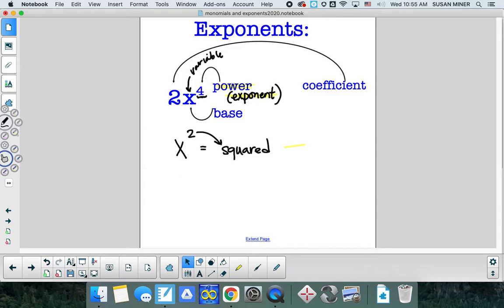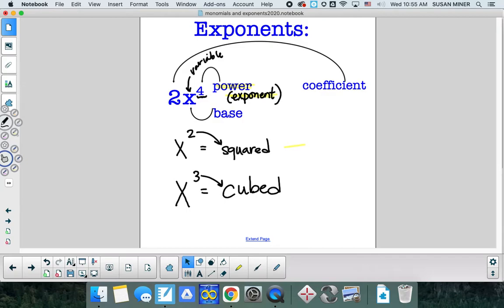If the exponent is 3, we use the word cubed. And I say those words a lot. So those are good vocabulary words to know. If my exponent is 3, I say that would be x cubed. And I use that interchangeably a lot with the power of 3 and the power of 2.